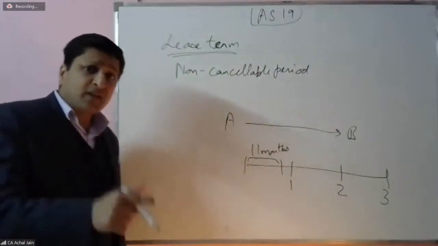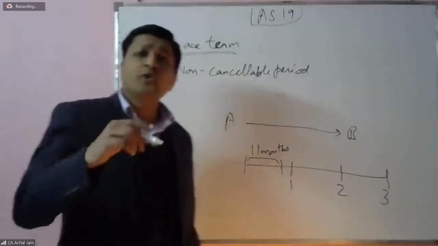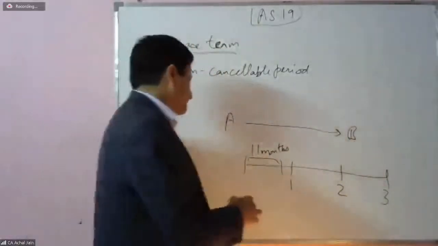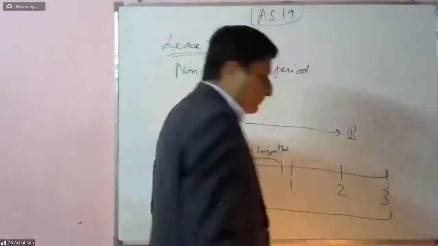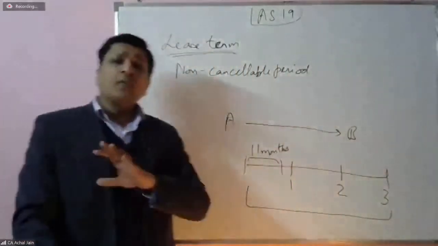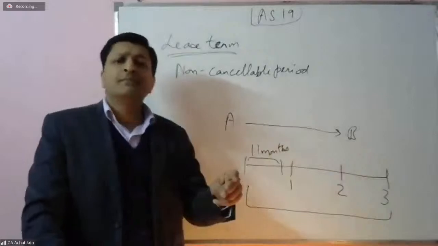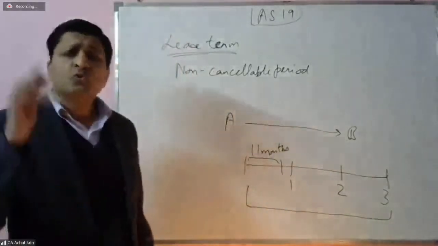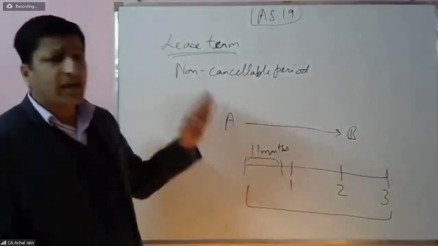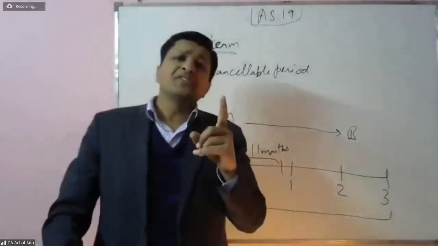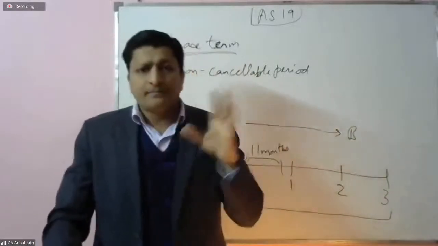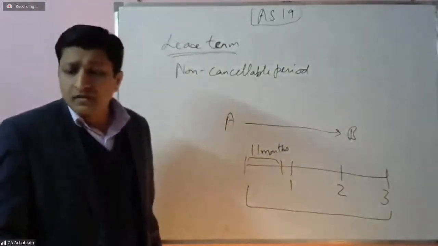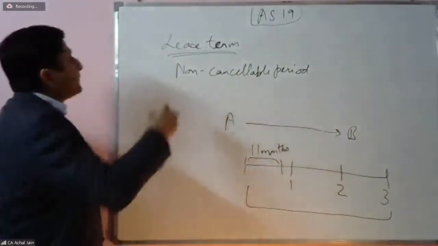Now it's a lease arrangement for 3 years, and if either of the parties wants to terminate the lease, this lease period cannot be lower than 11 months, meaning a minimum of 11 months will have to be served. And if a party wants to cancel the lease arrangement, which is possible after 11 months, 1 month's notice will have to be given by either party. So in this case, what do you think will be the lease term?